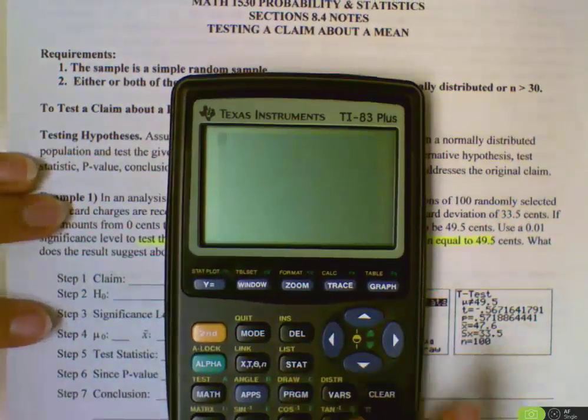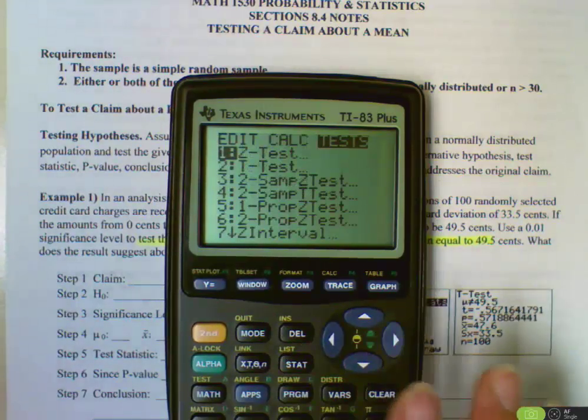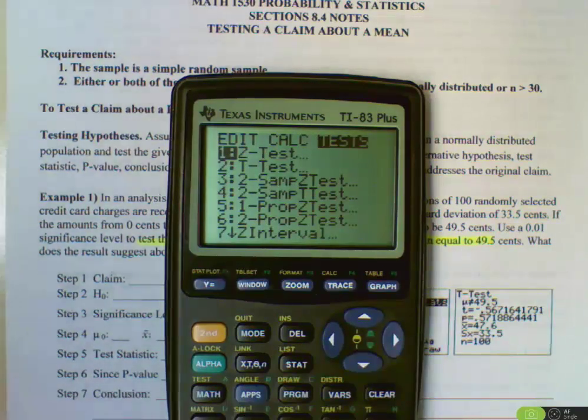So this is a test about a mean, not a proportion. In tests about proportions, we used 1-PropZTest, but in tests about means, we're going to use T-Test. Now that's in the same menu with 1-PropZTest on your calculator. If you press STAT, move the cursor over to TESTS, T-Test will be number 2.